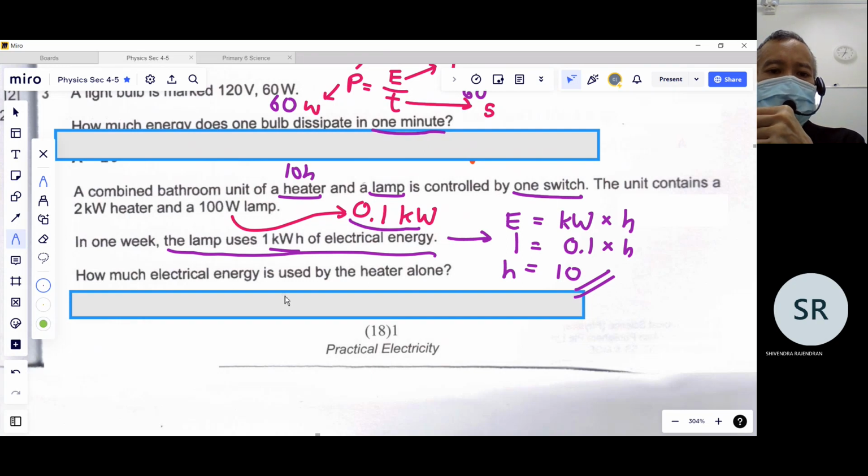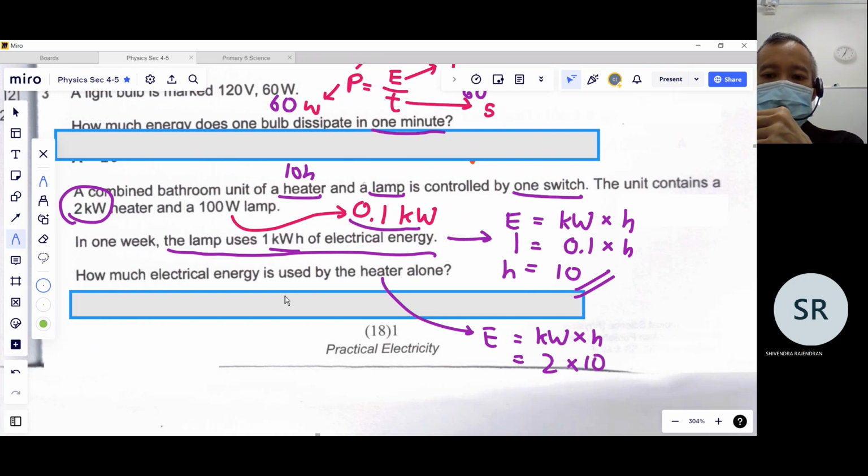And how much energy did the heater use? Same thing, I use exactly the same formula. Energy equals kilowatts times hours. Look at the heater: 2 kilowatts, so I put 2 here. How many hours? Just now I figured out the hours is 10 already.